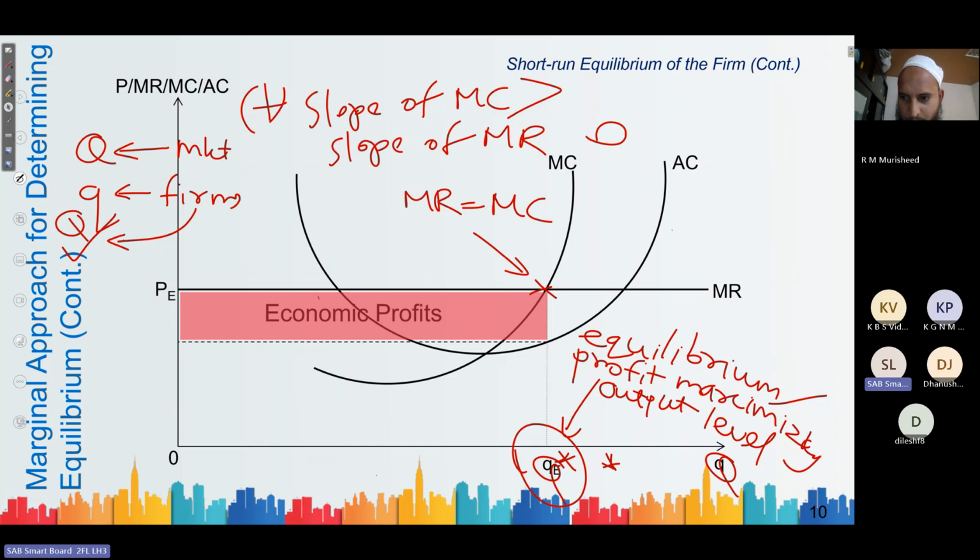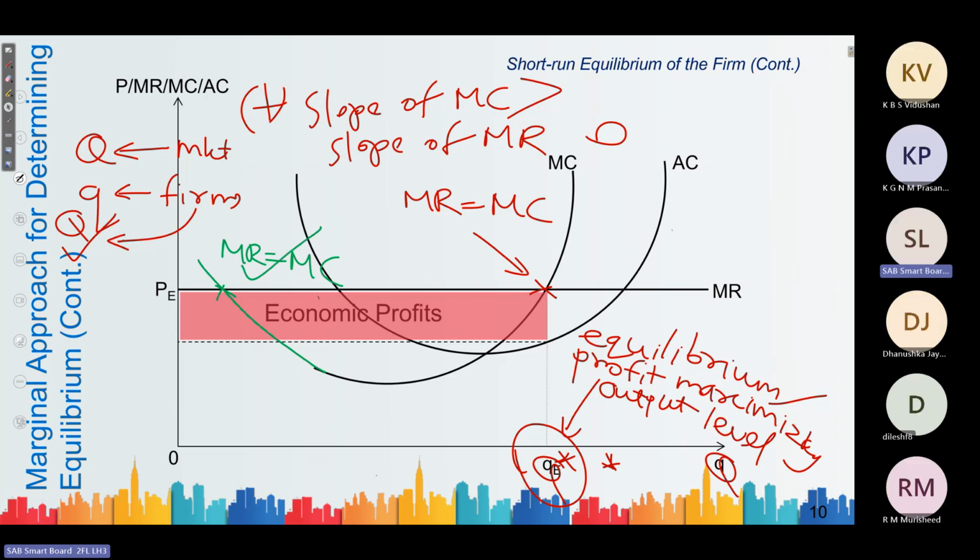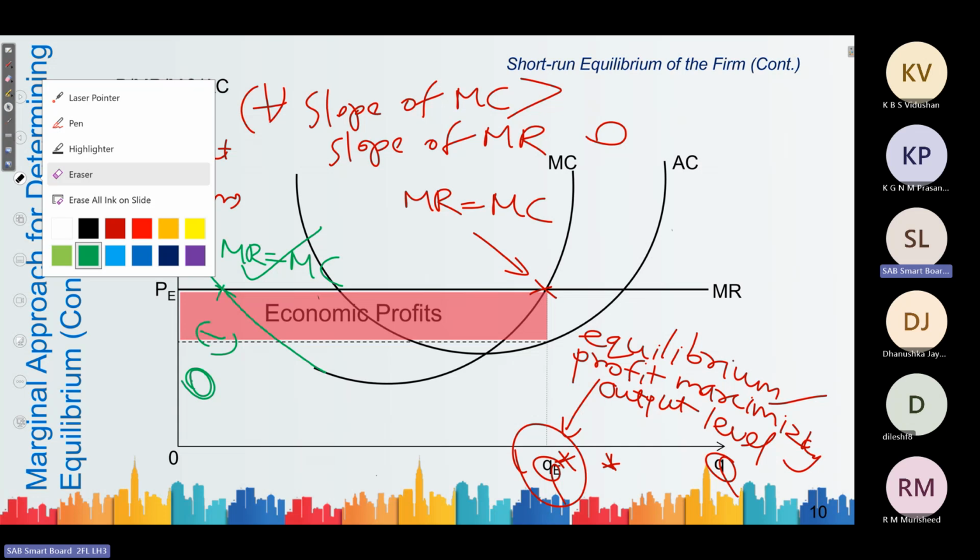If we extend this marginal cost curve like this, here also we observe that the MR equals MC condition is satisfied, but the second condition is not satisfied here, because slope of marginal cost is negative, and slope of marginal revenue is 0. So 0 is greater than the negative value.